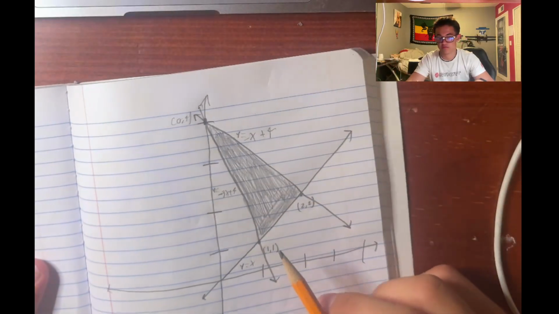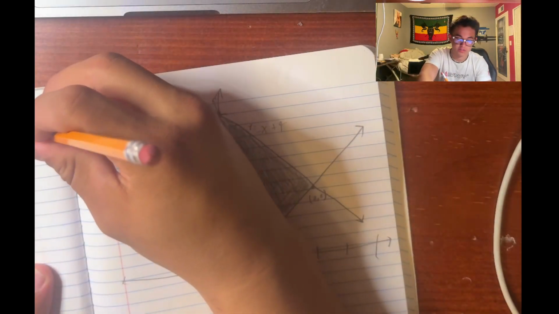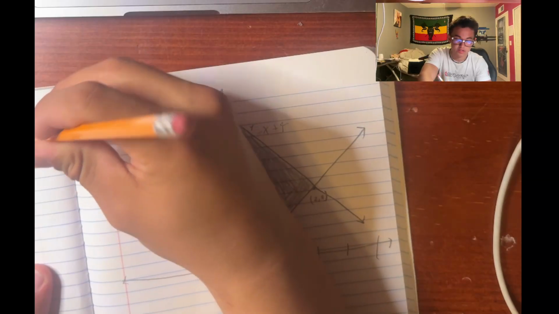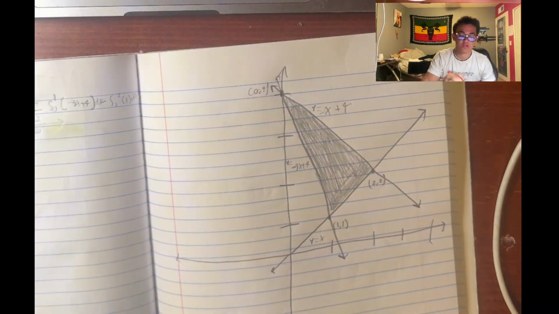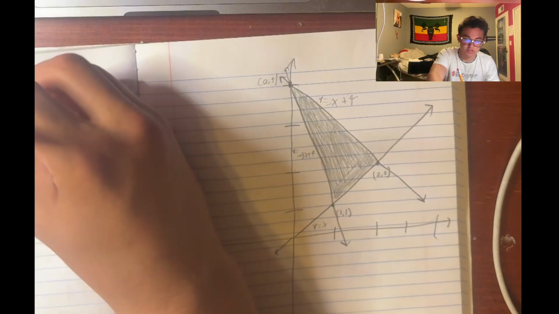And then minus from 1 to 2, we got y equals x, so minus the integral from 1 to 2 of x. Can't forget your dx's, guys, otherwise it won't come out in the calculator. Then once you do all of that, you should get the answer 2.